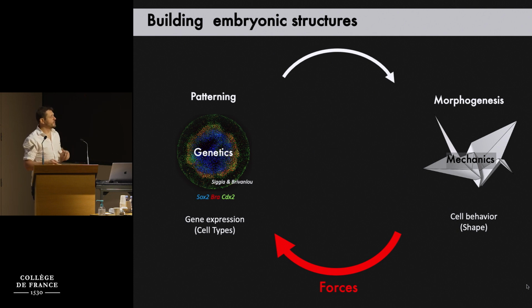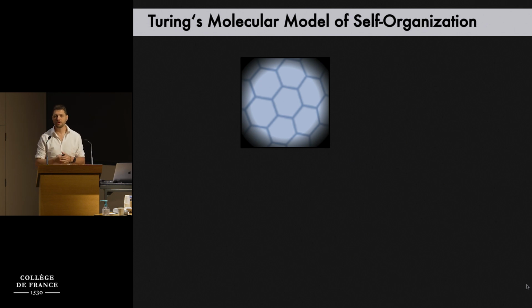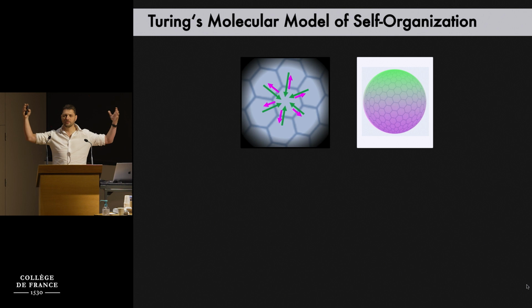What is also very interesting is that this reciprocal interaction between morphogenesis and patterning is intrinsically self-organizing. I'm going to give a broad introduction about self-organization, because it's a somewhat overused word sometimes. The idea of self-organization is that you have cellular interactions, at the local or long-range scale, and these interactions drive the emergence or organization of a pattern at the larger tissue scale.